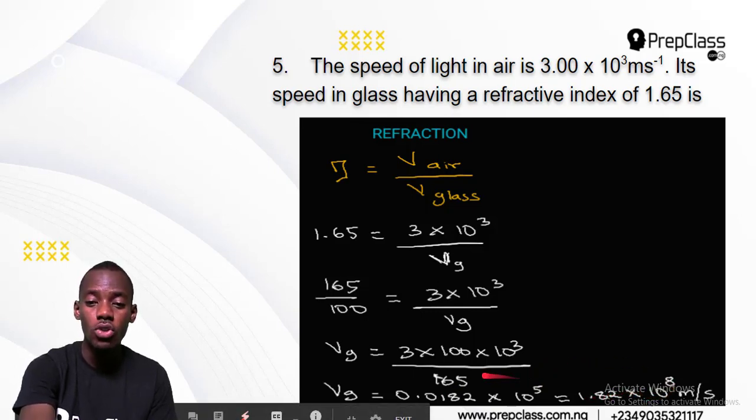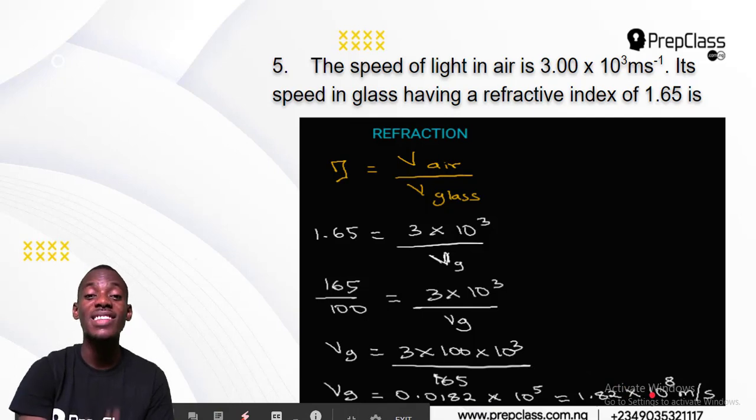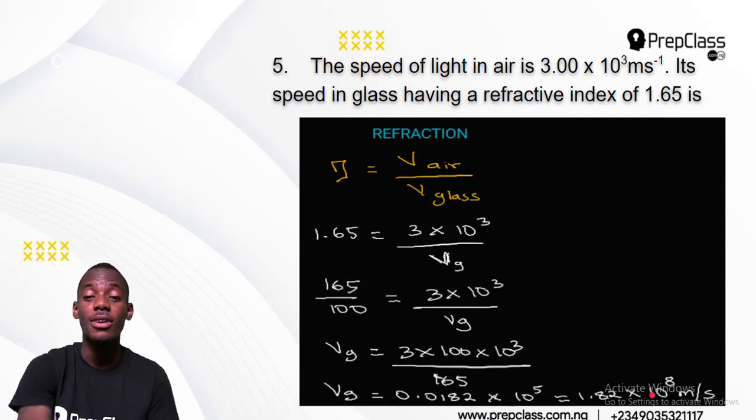So actually, what you have here is this 300. If you punch this on your calculator, 3 times 100 divided by this, and you multiply by this, you will get your answer in this format, and it will give you 1.82 times 10 to the power 8 in standard form, and that is the answer to that question.